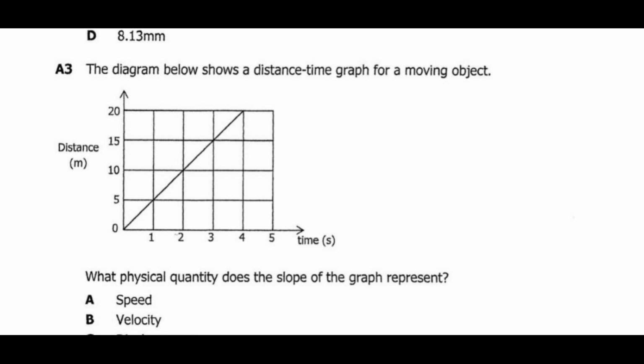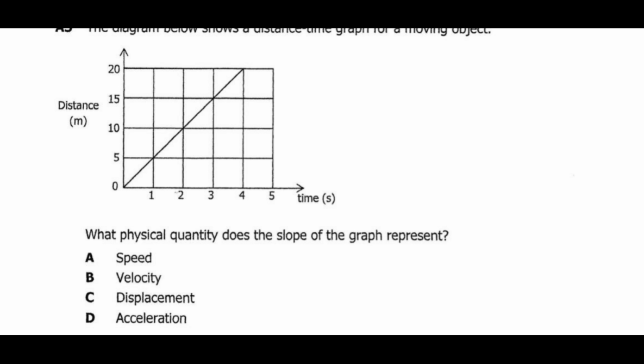The diagram below shows a distance-time graph for a moving object. On our y-axis, we can see that we have the distance in meters. Then on the x-axis, we have time in seconds. The question is, what physical quantity does the slope of the graph represent?